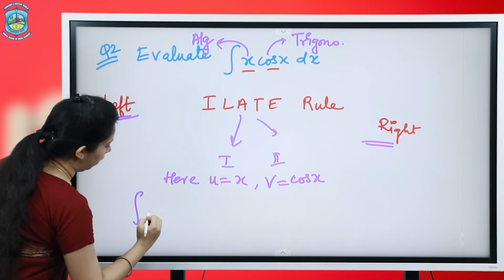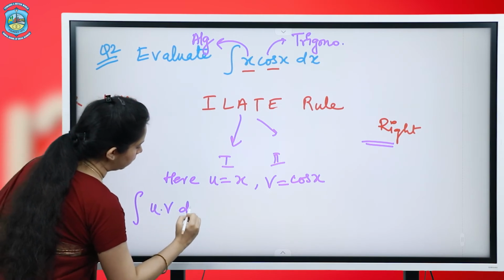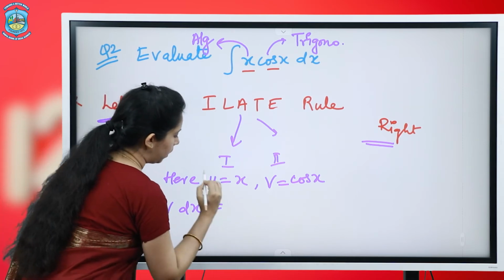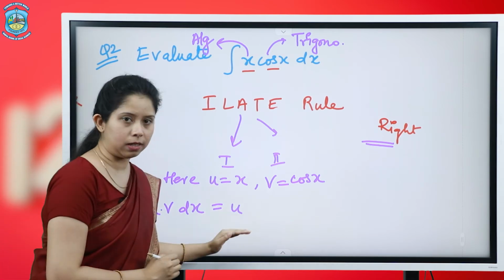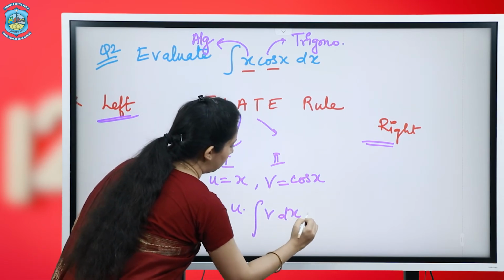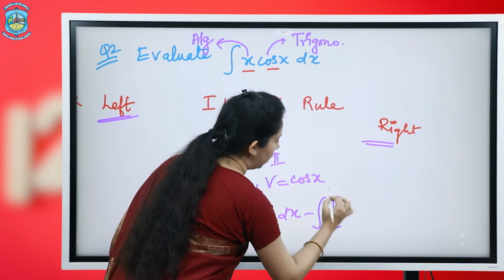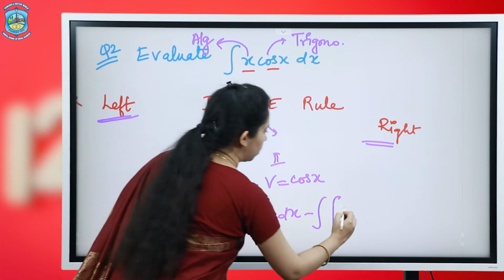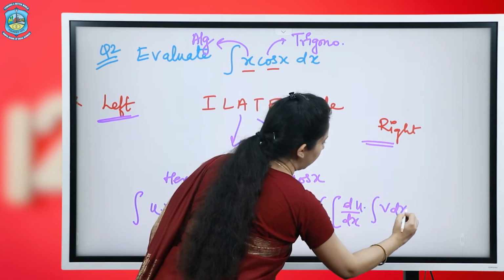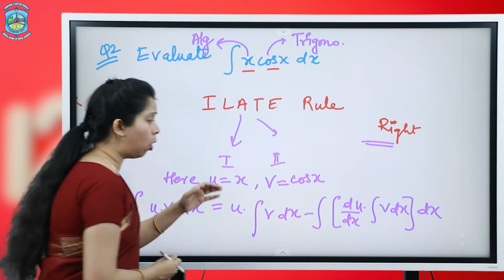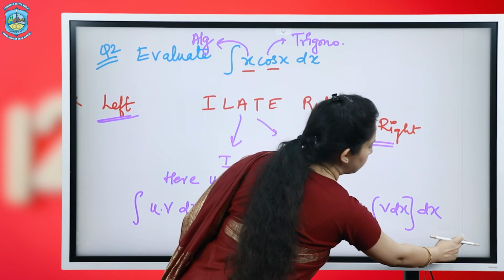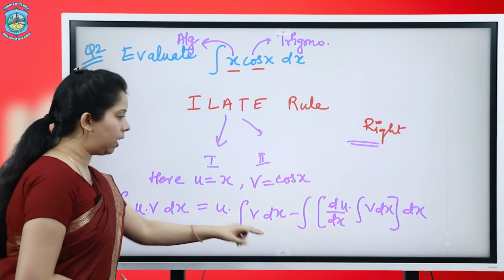So writing the formula of integration by parts, u is the first function multiplied by v, the second function, that is equal to first function remains as it is multiplied by integration of the second, minus whole integration, differentiation of first multiplied by integration of second into dx. We have already discussed u is x and v is cos x. So we will substitute the value of u and v in this formula.